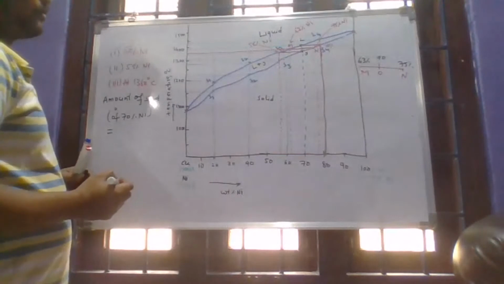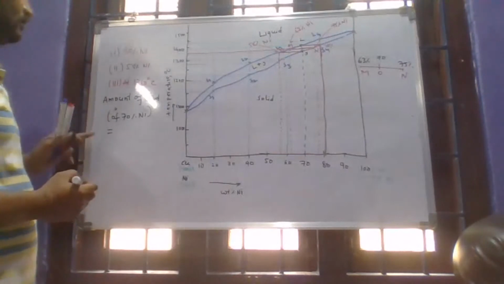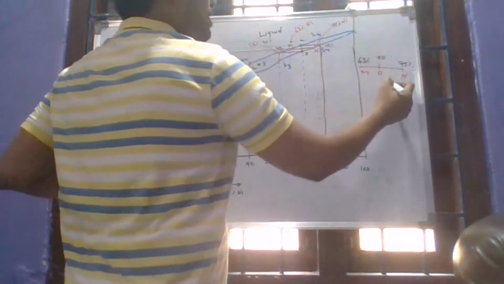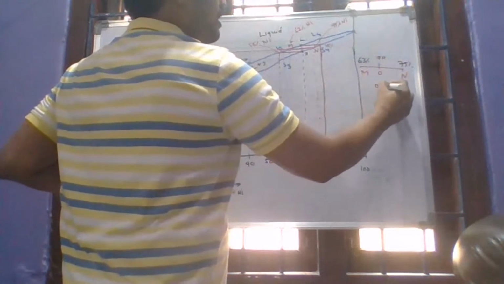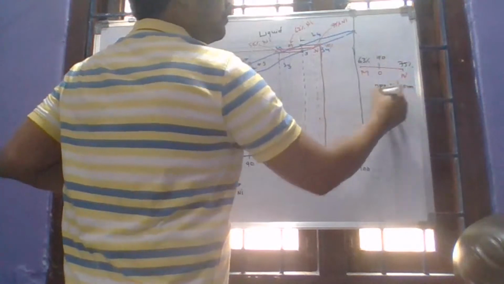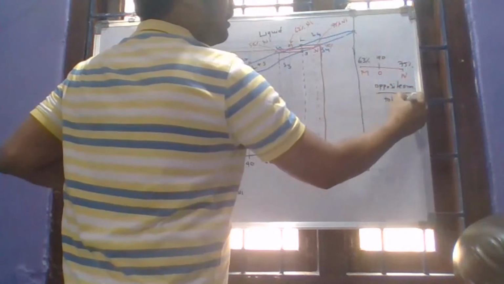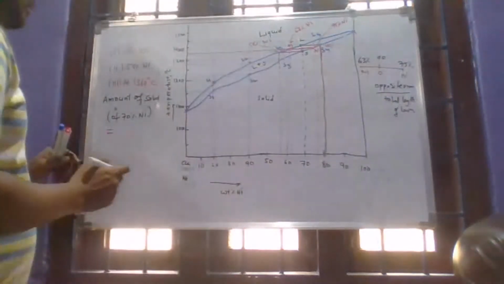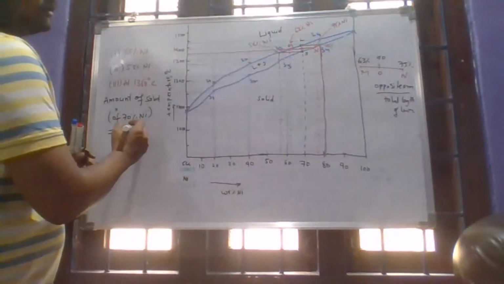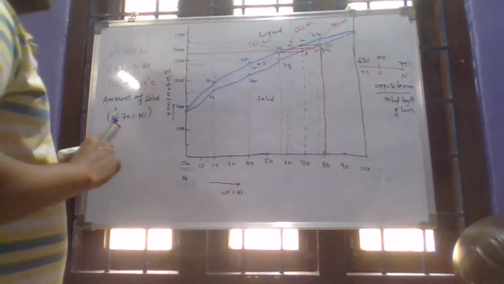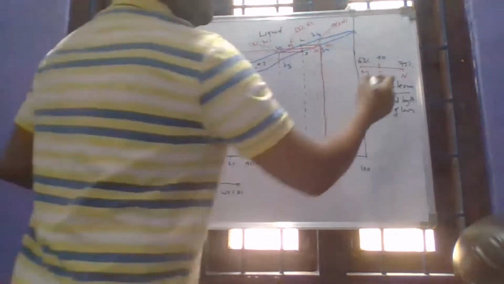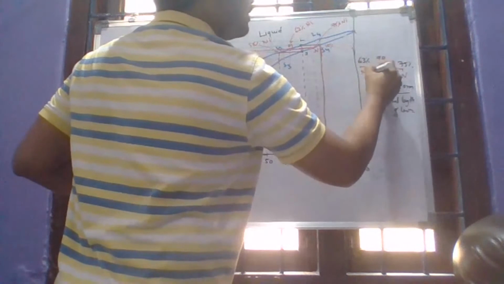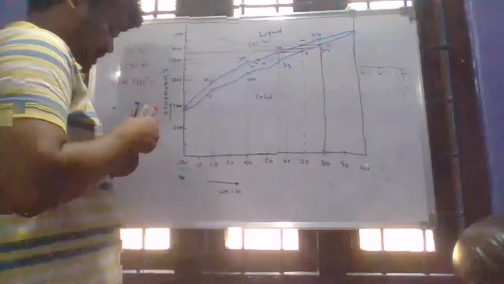Amount of solid: we consider this to be the liquid and this to be the solid. The opposite arm divided by the total length of the lever.